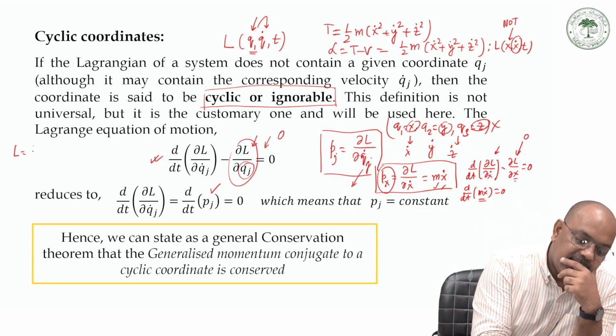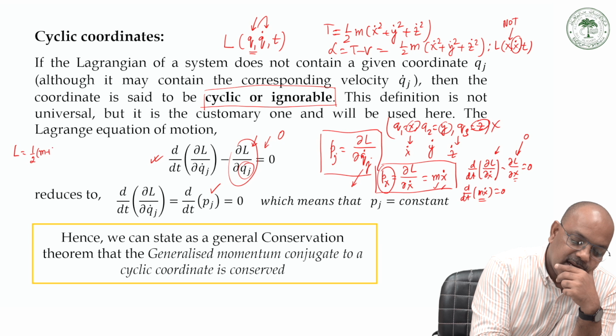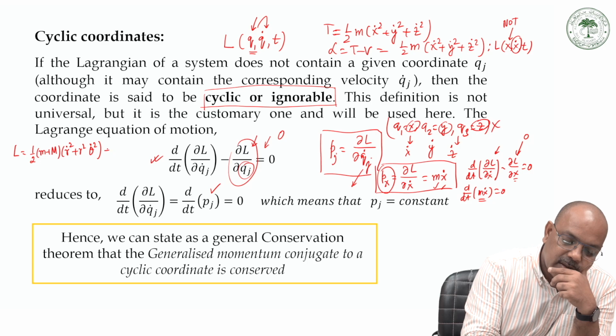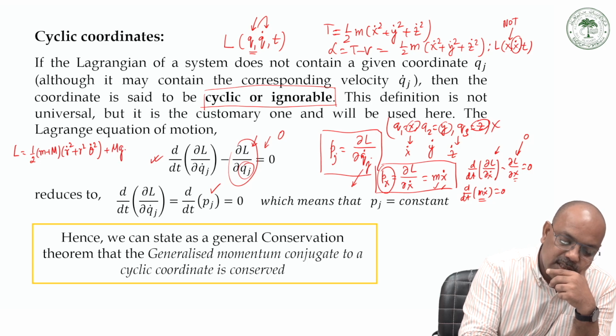Okay, one more case you can take. Say the Lagrangian is half m r dot squared plus r squared theta dot squared, plus m g (l minus r).